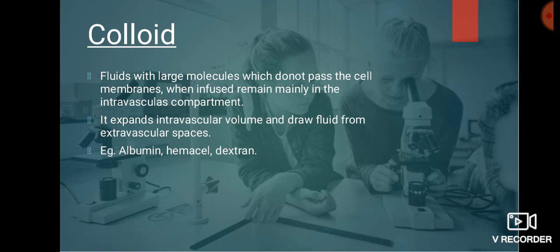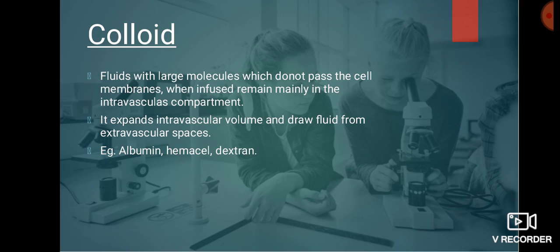Fluids with large molecules which do not pass the cell membranes, when infused, remain mainly in the intravascular compartment. It expands intravascular volume and draws fluid from extravascular spaces.